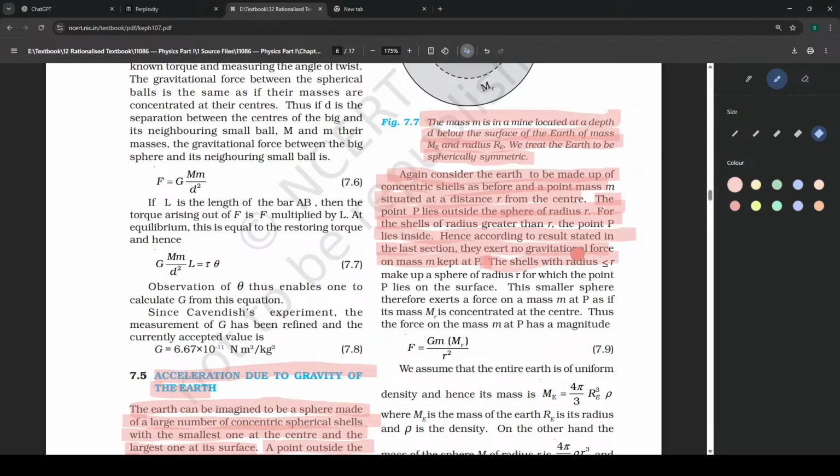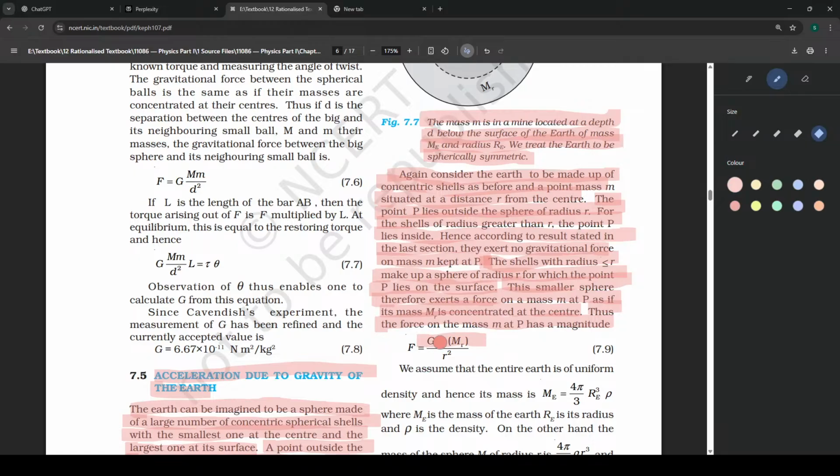The shells with radius smaller than r make up a sphere of radius r for which the point P lies on the surface. This smaller sphere therefore exerts a force on mass m at P as if its mass were concentrated at the center. Thus the force on the mass m at point P has the magnitude G m Mr by r squared.